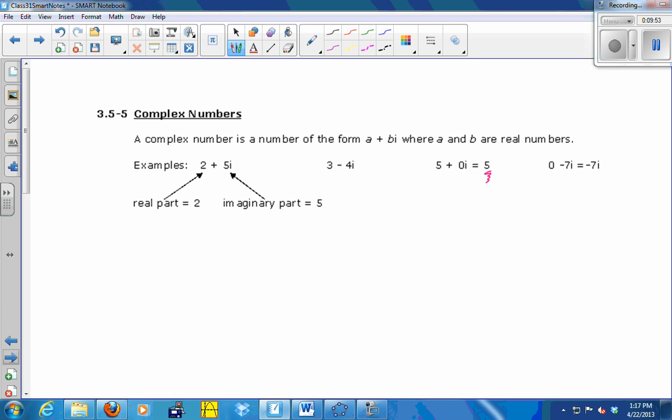So regular old real numbers, all the numbers that we've been using for most of our lives, are a subset of the complex numbers. And the strictly imaginary numbers, like -7i, or 8i, or 5i, are also a subset of the complex numbers, because you can write them as 0 plus bi, whatever they are.